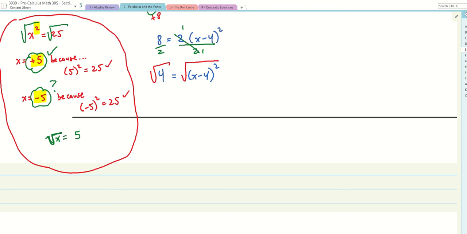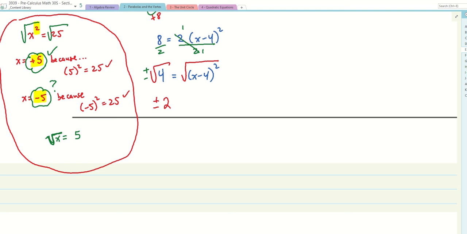So what you have to remember is, if you use square roots to solve an equation, when I square root the 4, it could be the negative or positive. Okay? So positive or negative, the square root of 4 is 2.